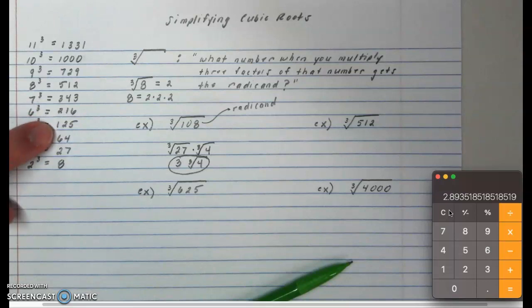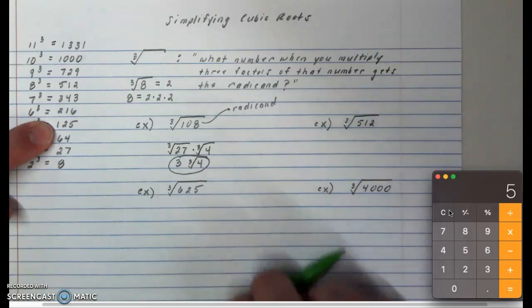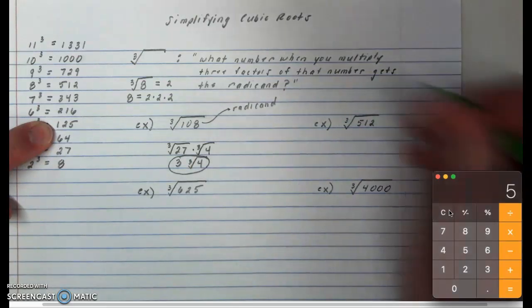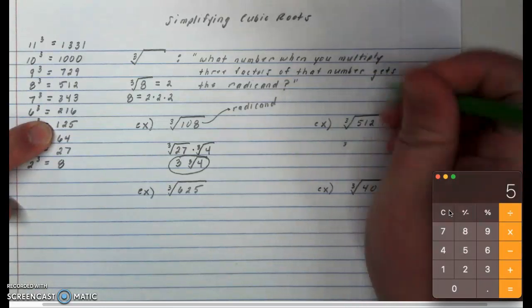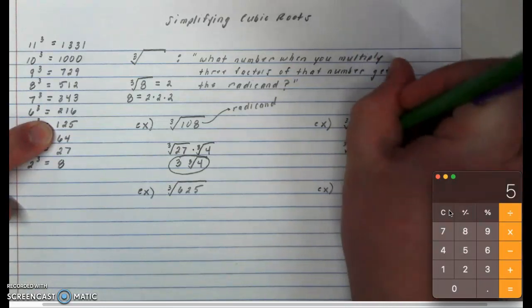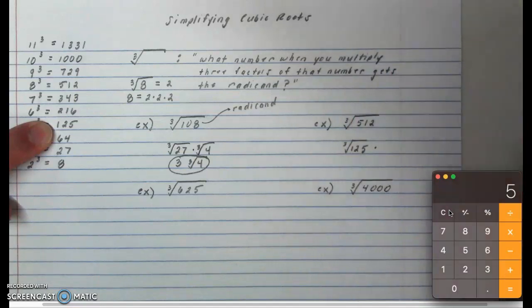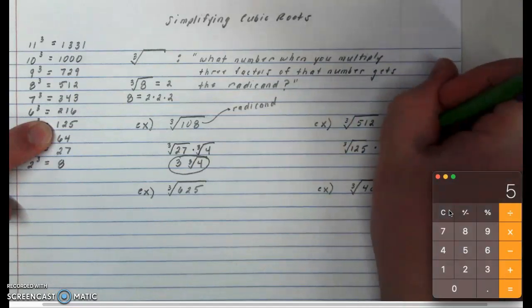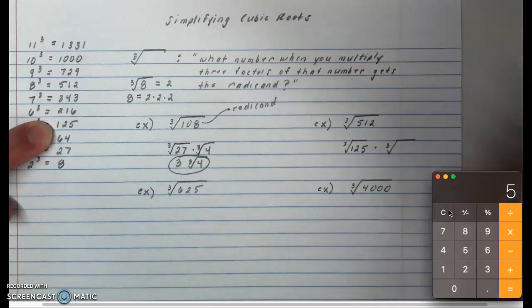So let's move down to 125. 625 divided by 125. Oh, that goes into it 5 times. So we're going to break this up into cubic root of 125 times the cubic root of what we got on our calculator, which is 5.